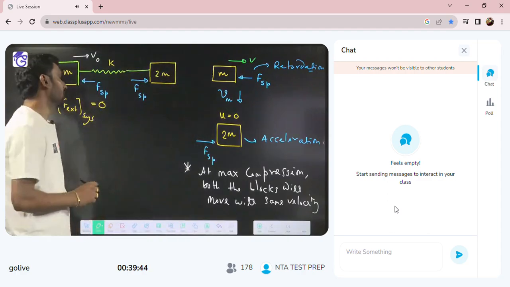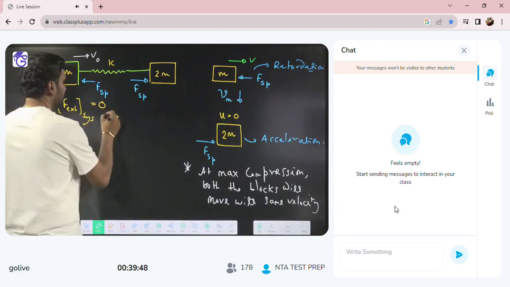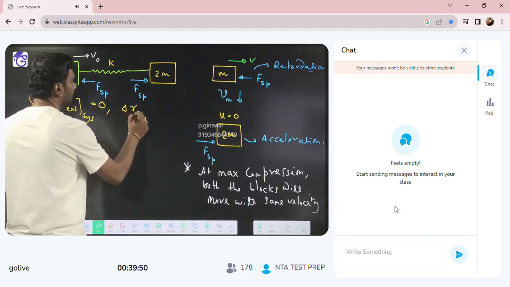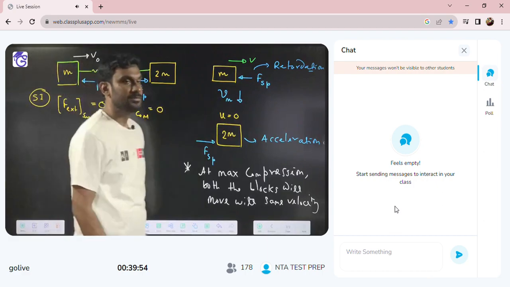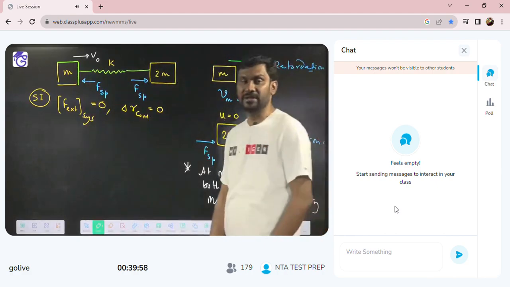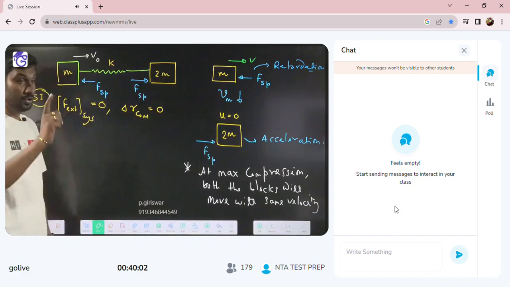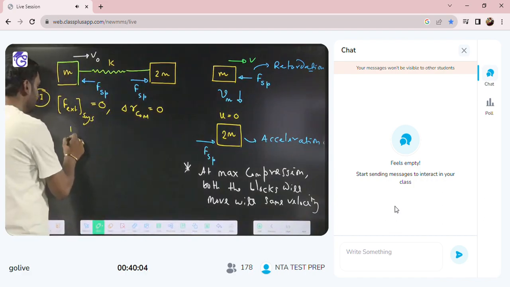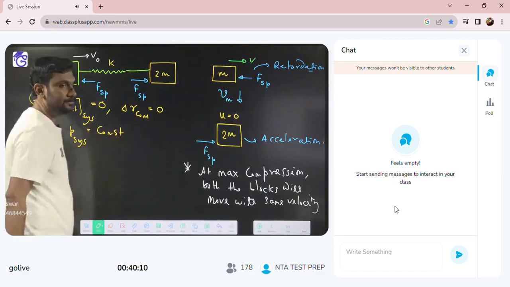Right? So if F external is equal to 0, can I write that the shift in center of mass is also equal to 0? If external force is equal to 0, shift in center of mass is also equal to 0 here. Not only that, can I say P of the system, the linear momentum of the system, will also be constant?